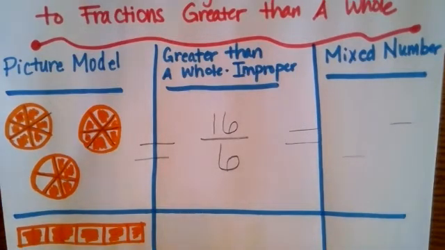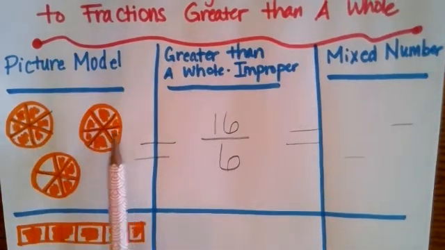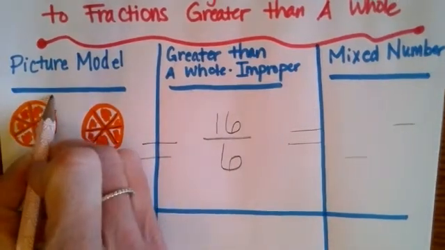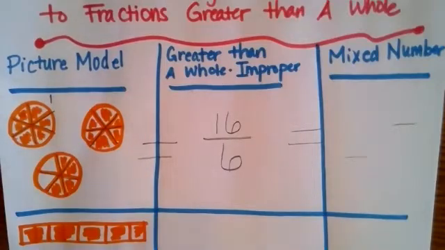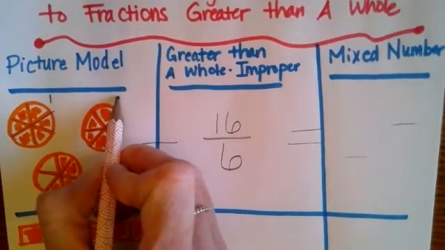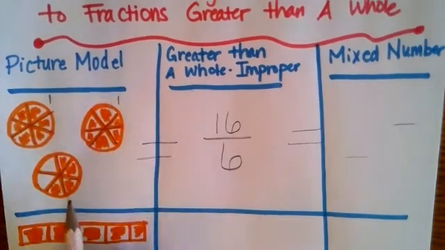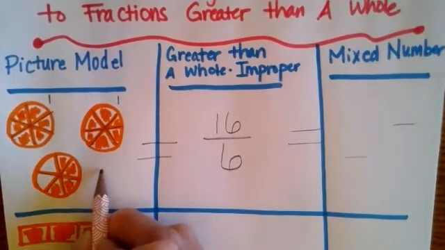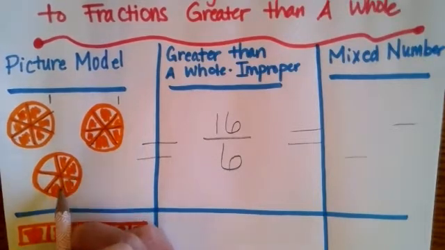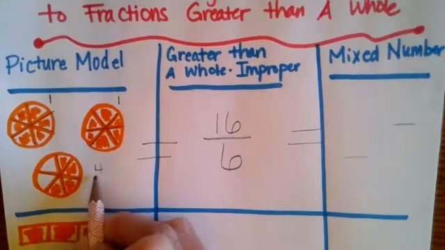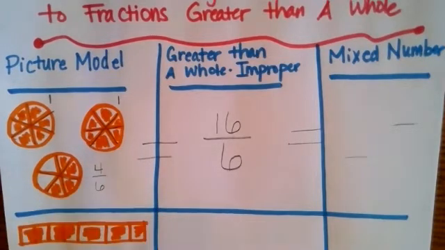I know that this whole number is going to be the number of wholes that I have colored in. Well, here is one whole pizza or pie. Here is another whole pizza or pie. And here is 1, 2, 3, 4, 5, 6. There is 1, 2, 3, 4 colored in out of 6.